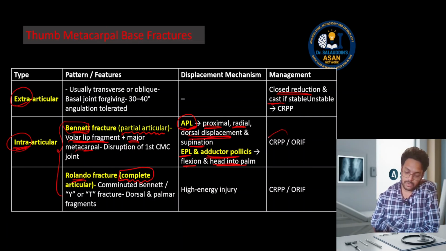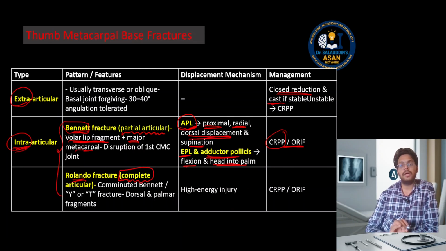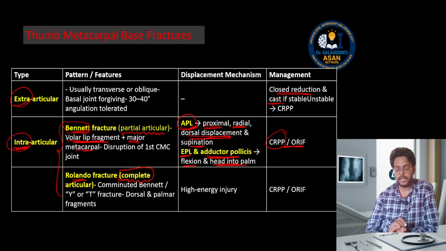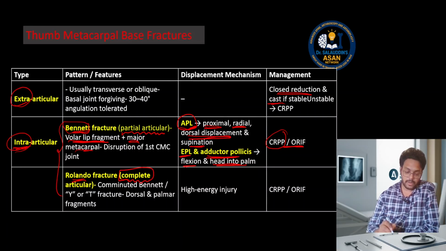You have to do a closed reduction and percutaneous pinning, or an open reduction and internal fixation. Okay, complete articular fracture, that is Rolando fracture, is a comminuted type of Bennett fracture, and there are two fragments, dorsal and palmar fragments, because it's a high energy trauma. Here also closed reduction and percutaneous pinning is required.